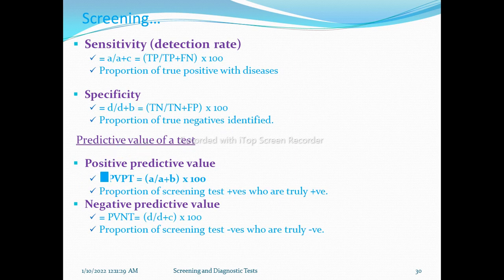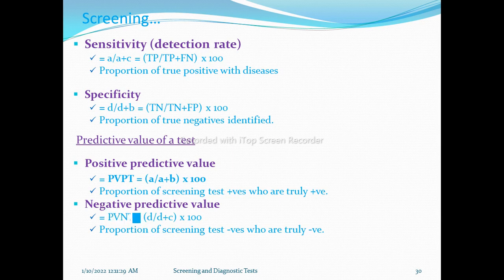Positive predictive value is equal to A over A plus B times 100, meaning the proportion of screening test positives who are truly positive.